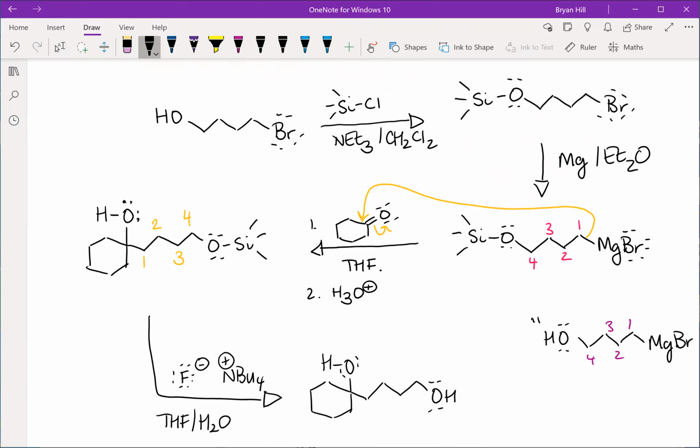I've used triethylamine here as the base when we're making the silyl ether.